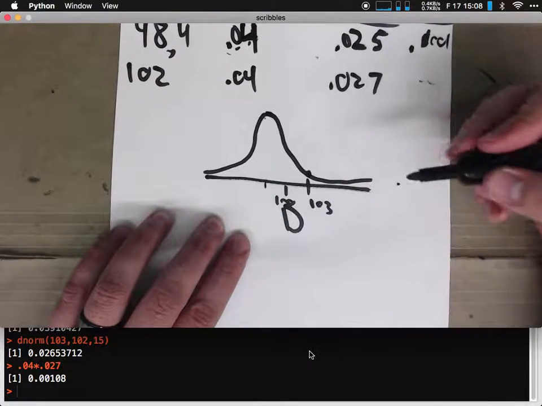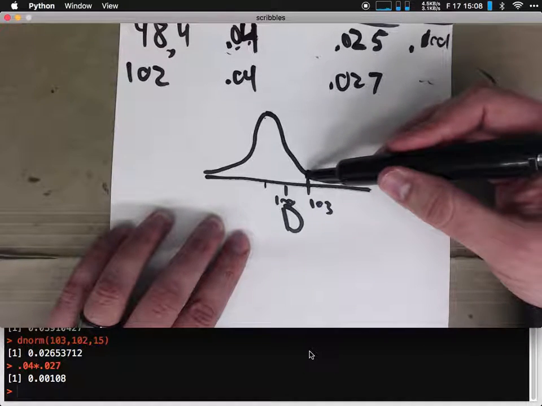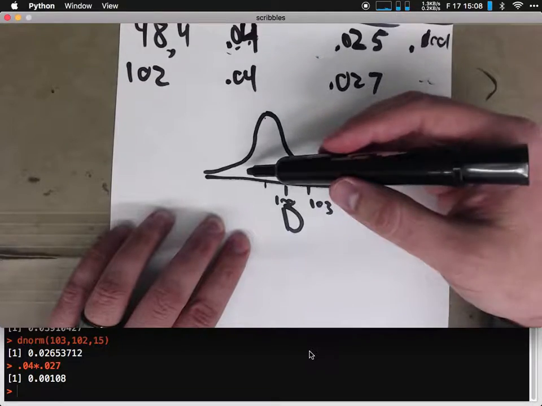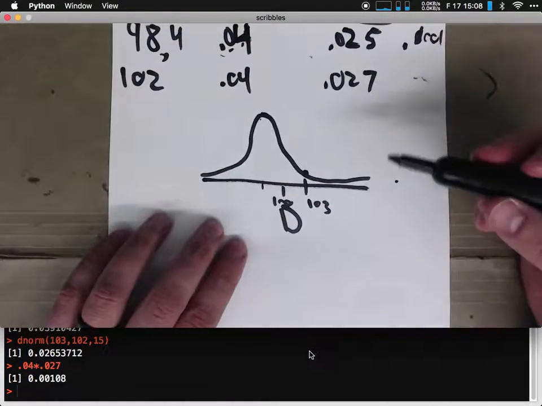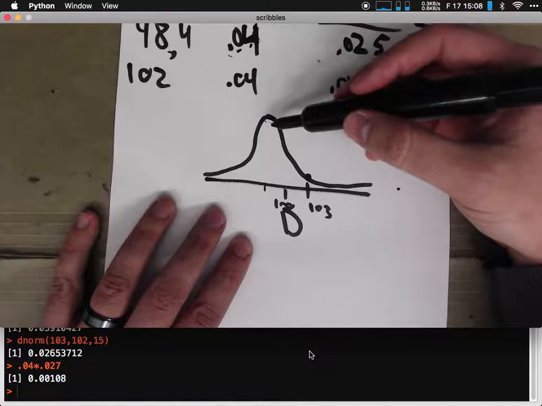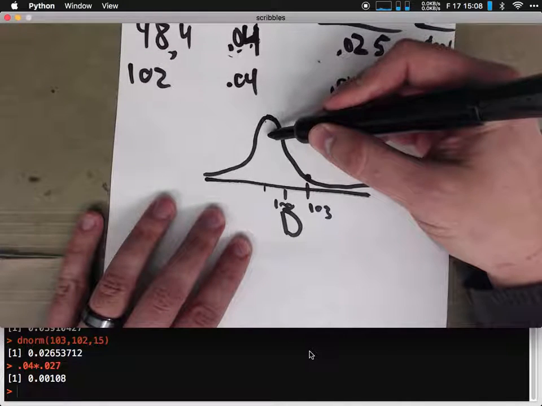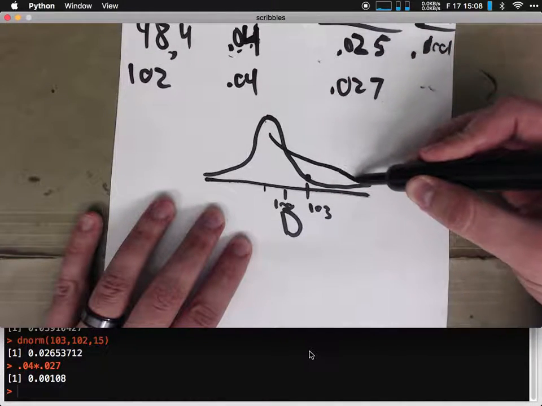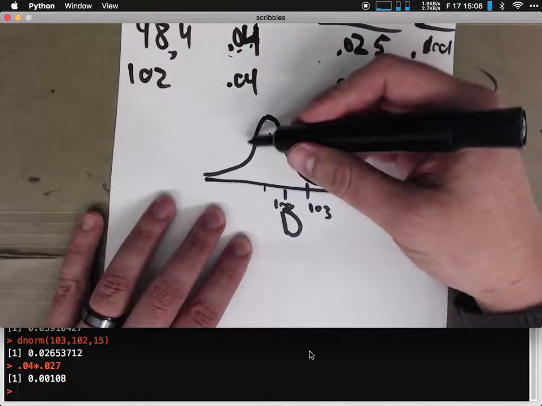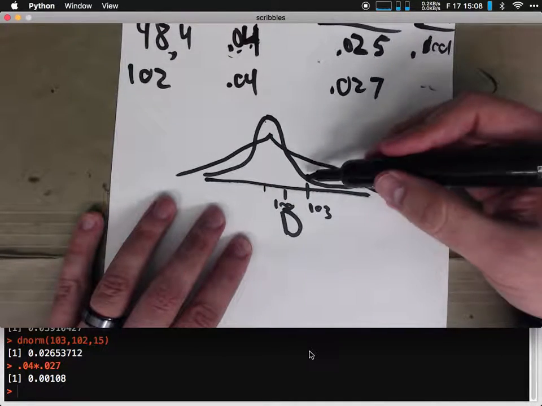So 103 is not going to have a very high value. If we jump to another part of the parameter space that had the same mean but a much wider variability, then this peak drops a little bit, but the side comes back up. That's a terribly not normal looking distribution.